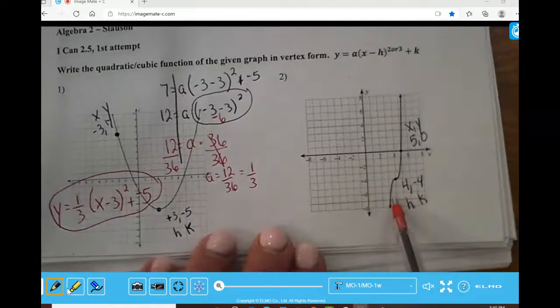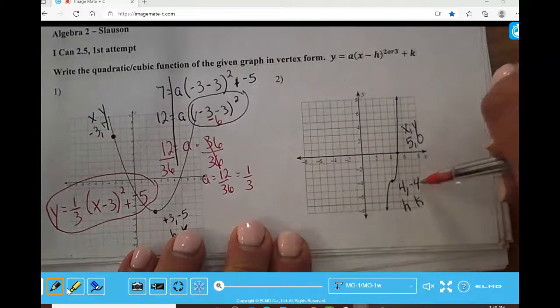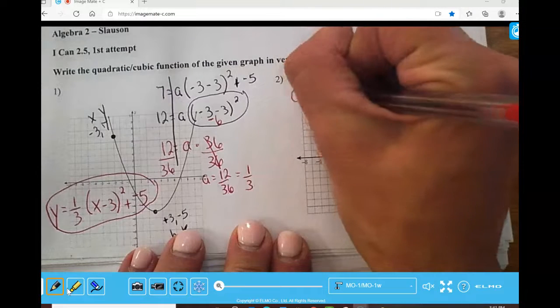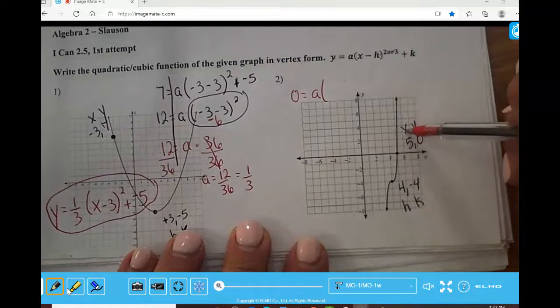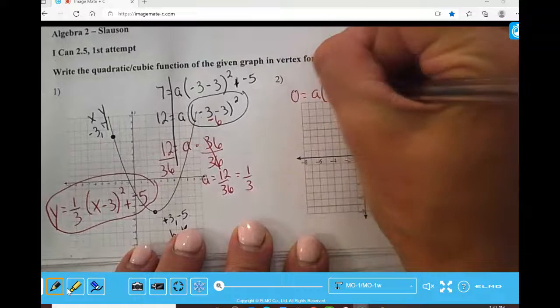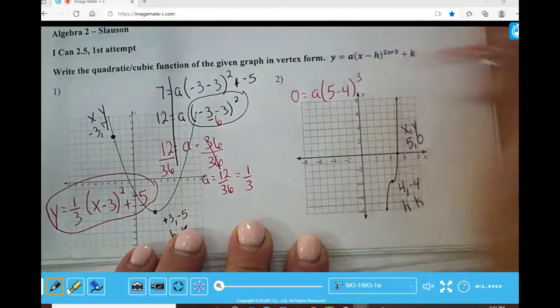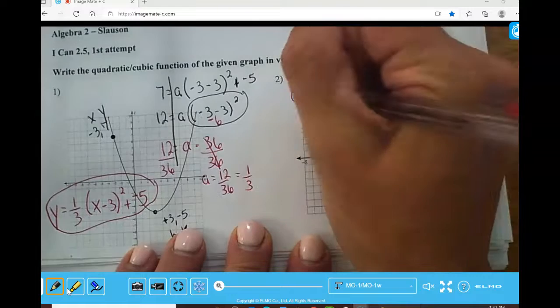Now we're going to do the same thing, but instead of a square, we're going to use a cube. So I'll do y, which is 0, equals a, which we'll do the math to figure out, times x minus h, so 5 minus 4, cubed this time, plus my k, so I'll put plus my -4. Same steps.